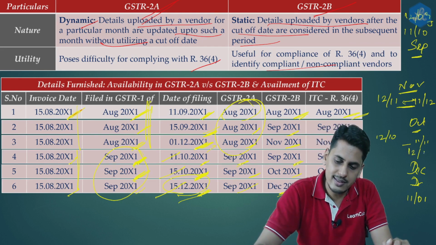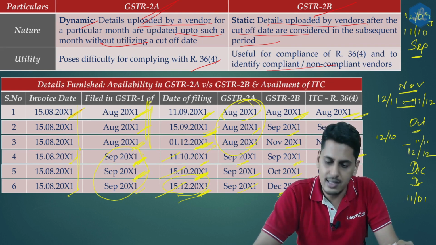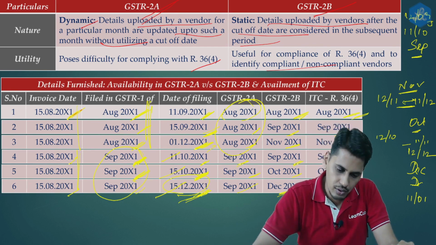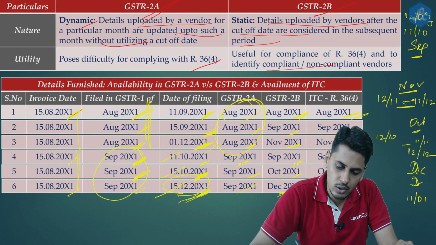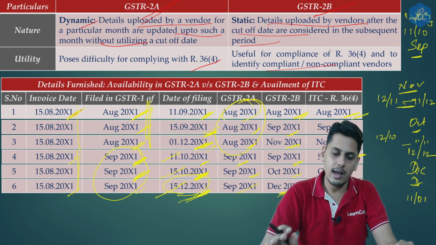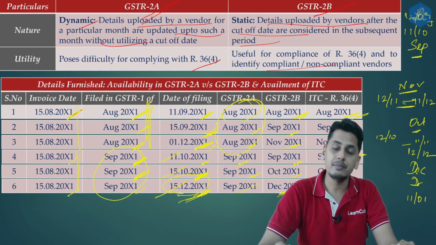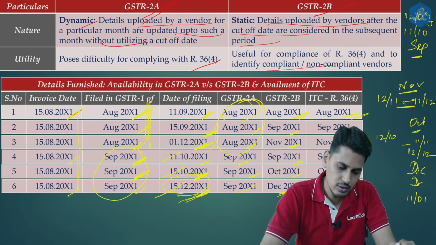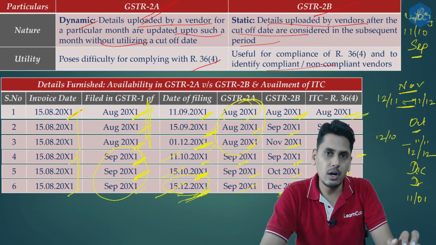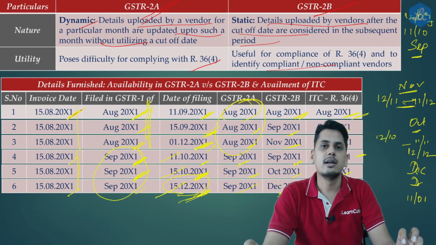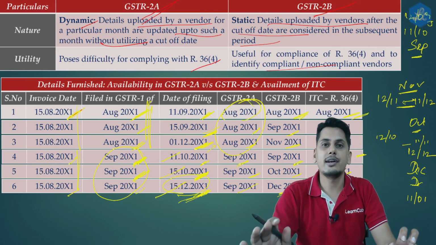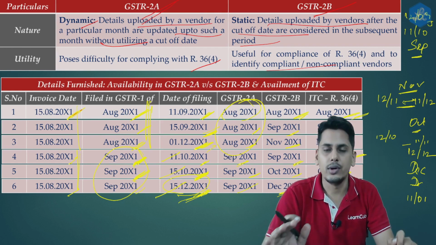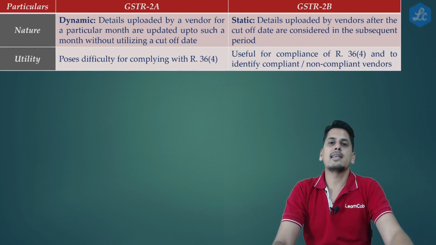So friends, for December, the range is 12th of December till 11th of January. Yes, this is filed in that range. So therefore, it would appear in GSTR 2B of December. Accordingly, credit can be taken in the return for the month of December. So friends, by this example, I am sure you are now able to visualize in which month GSTR 2A and in which month GSTR 2B a particular invoice is going to go. Let's take another example.